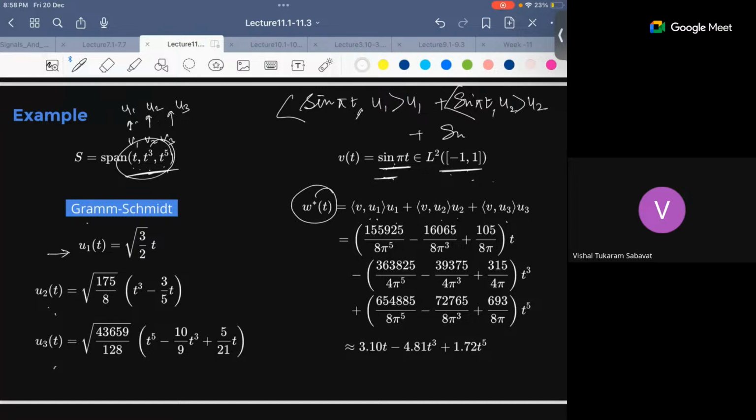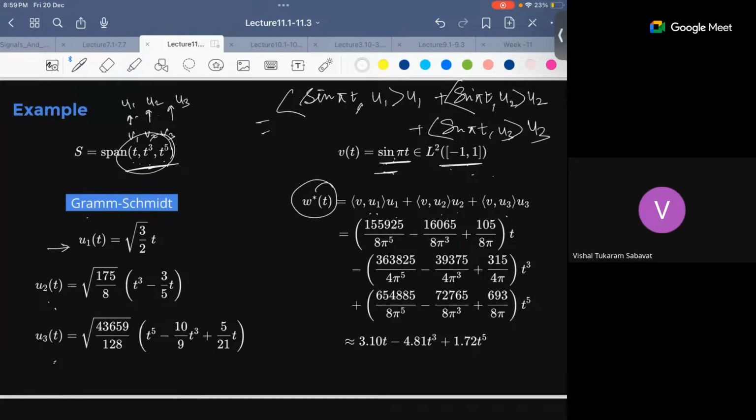Similarly, sine pi t with u3 in the direction of u3. Have you understood or not?